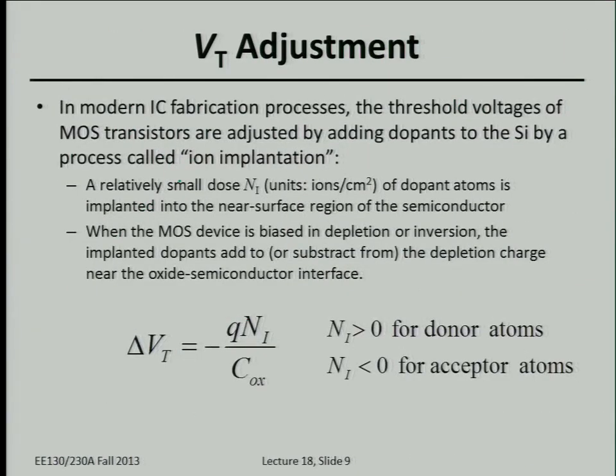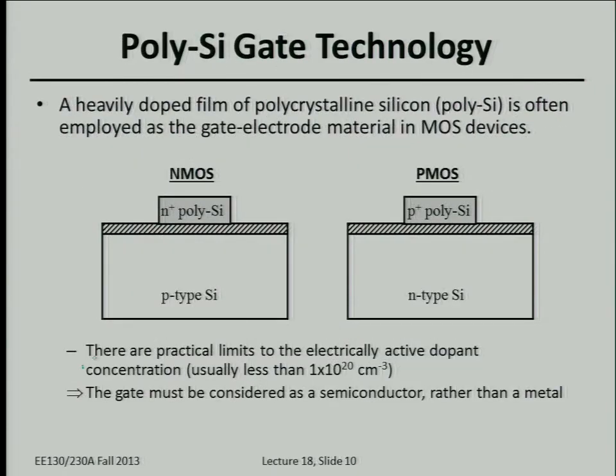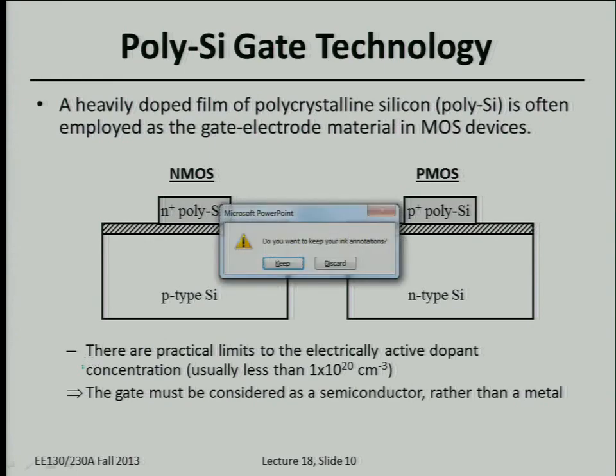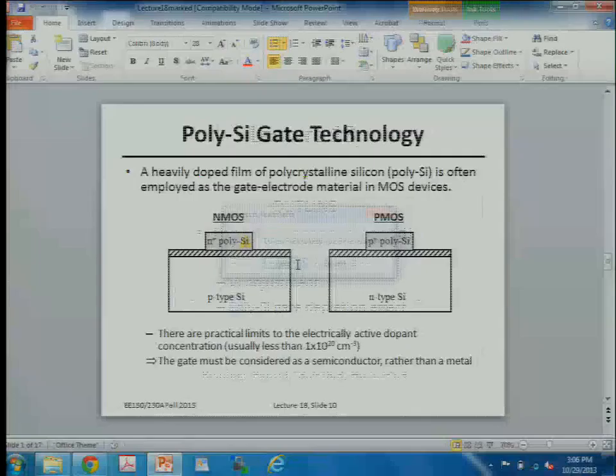Okay, so VT is an important parameter to control in manufacturing because it determines how much current your transistor conducts. During the manufacturing process, we usually fine-tune the threshold voltage depending on whether we want a low power device or a high performance device.